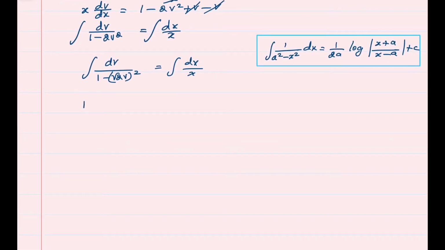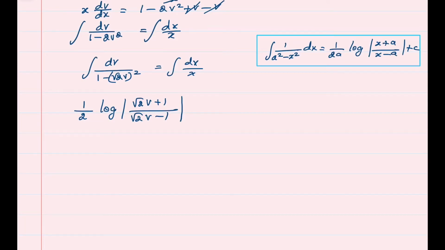We get 1 by 2a, a is 1, log of absolute value of root 2v plus 1 divided by root 2v minus 1. We may write this formula as a plus x by a minus x also, because of absolute value sign it does not matter.